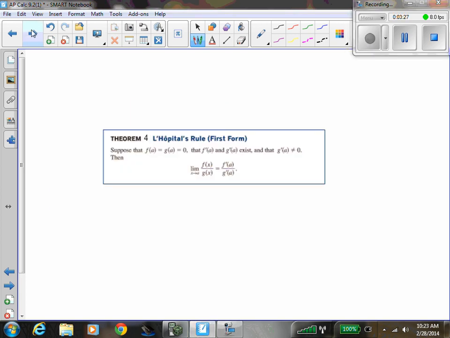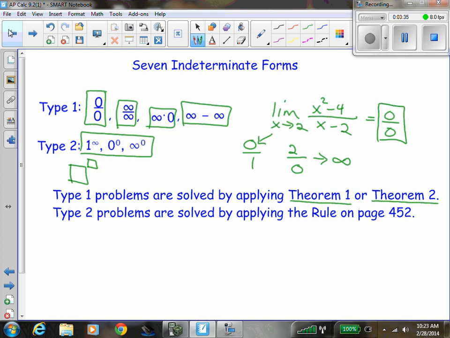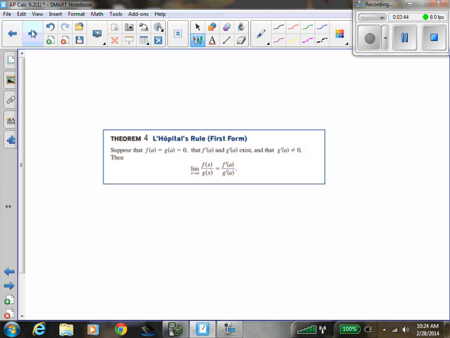All right, so if we look at this, the first theorem that we're going to encounter here, on this page I called them Theorem 1 and Theorem 2. In the old book, they were called that. It's going to be Theorem 4 here, and this one must be Theorem 5 then. All right, so the first theorem here is L'Hopital's rule in the first form.